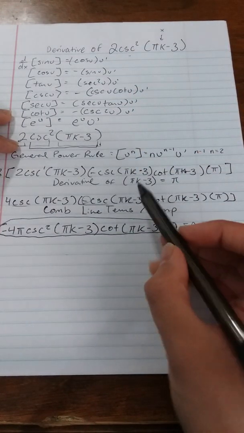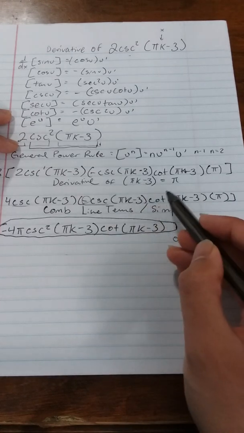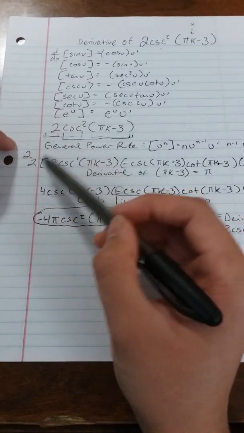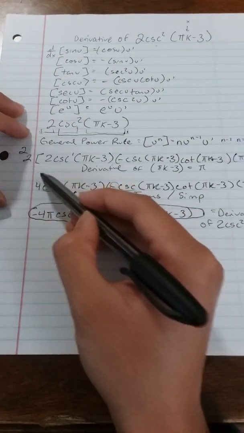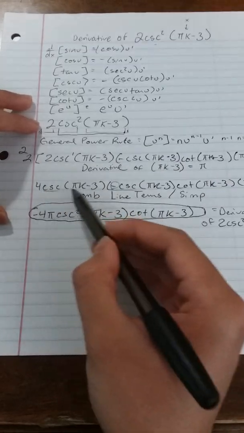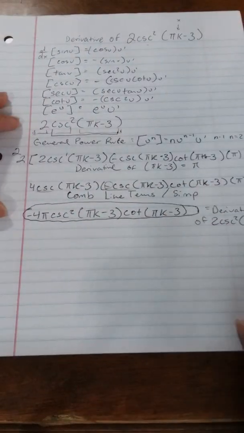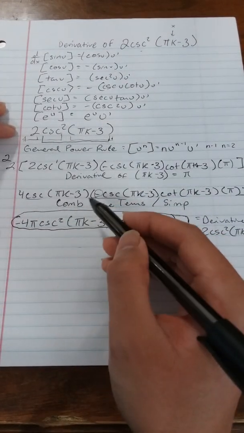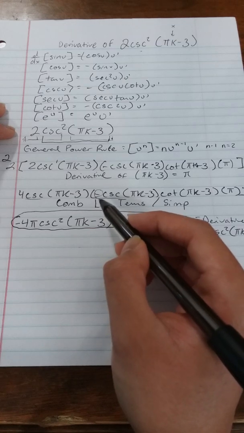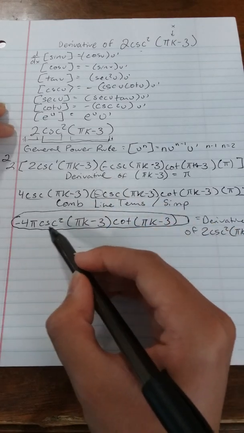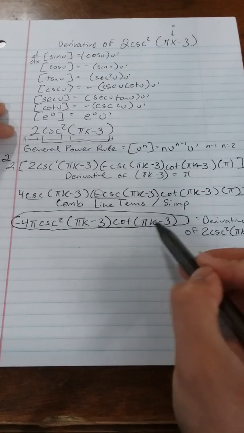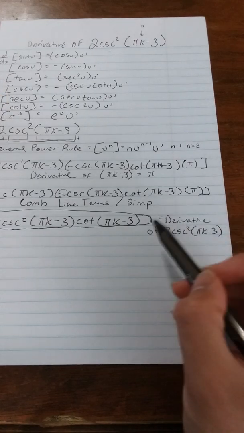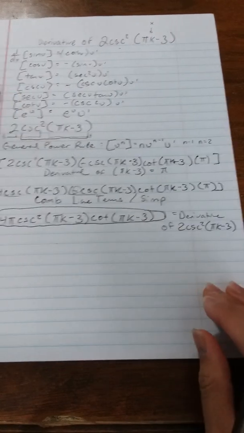We also have the derivative of πk - 3, which is equal to π, so we put that in the box. Now we took the 2 from earlier that we were ignoring, and we brought it back and multiplied it. Now we could multiply, and we also have the two csc's. One of them is negative, and we're multiplying them, so -4π csc squared (πk - 3). We can't really do anything with that cotangent, so we leave it as cot (πk - 3). That's the derivative of 2 csc squared (πk - 3).